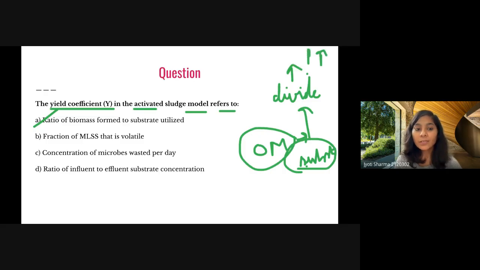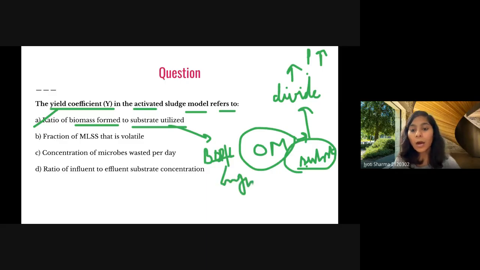So this is how much biomass is formed, how much microorganism is formed per substrate utilization. Okay, and substrate is your BOD, right? BOD per liter, let's say, or mg per liter.